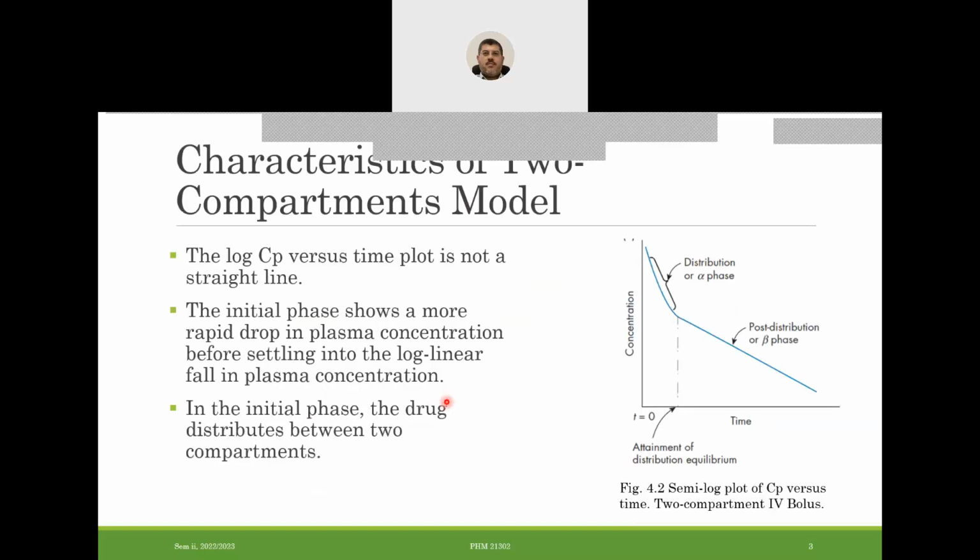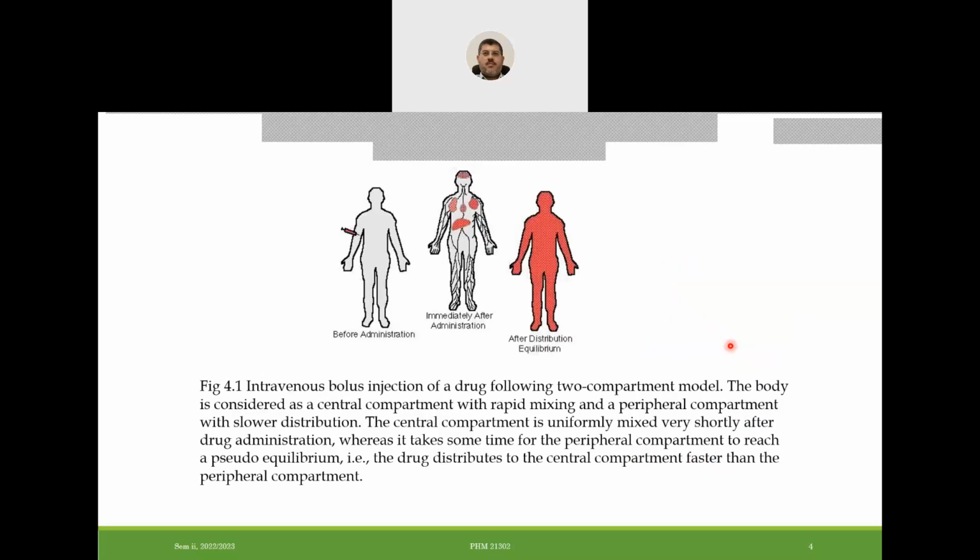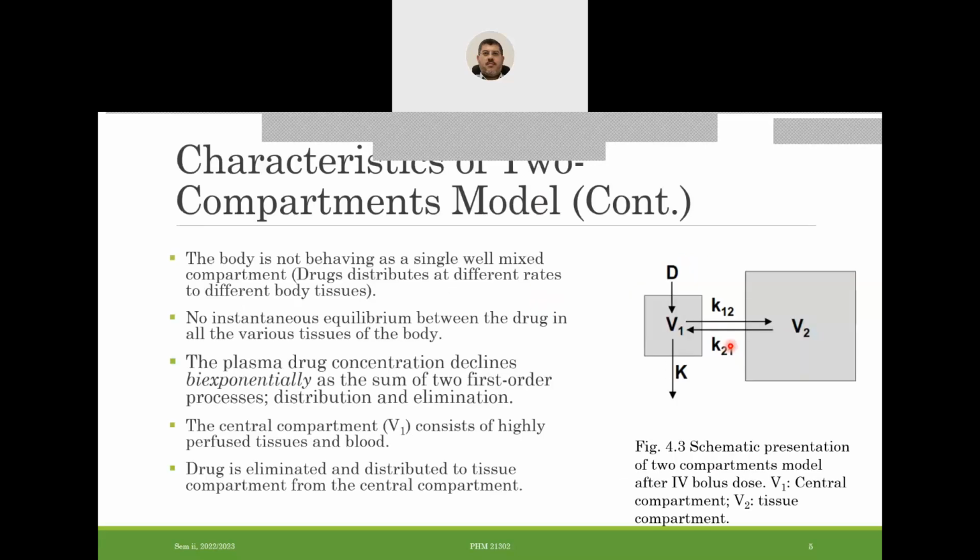So in the one compartment open model, we plot log concentration versus time and find a linear line, so we say there is a monoexponential decrease. But here we have different slopes, so we say biexponential decrease. The change of the concentration in the plasma is the result of the sum of two first-order processes.